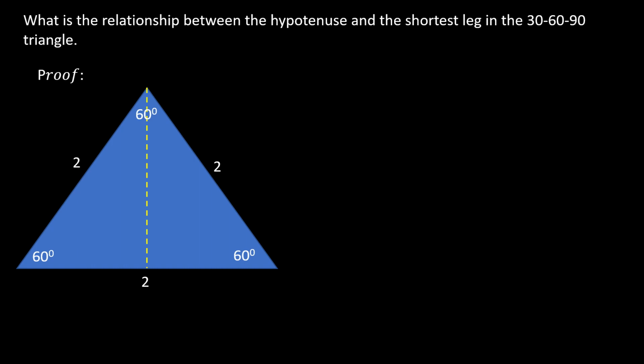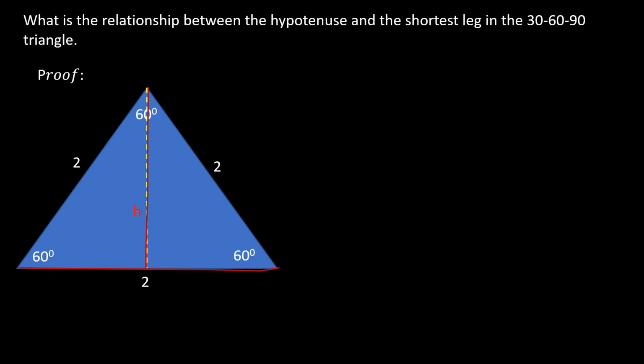Then let us drop an altitude from one of the vertices down to one of the sides. So in this case, here is the side where our altitude is being dropped from here down. Now, we notice that we have formed two right triangles.